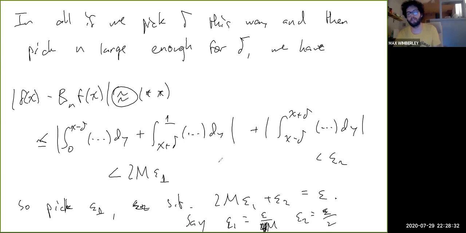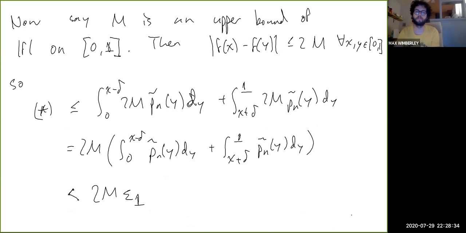I know it's complicated. It's very complicated, but this, I would say, is possibly the most intuitive way of thinking about why the Bn f functions basically uniformly approximate.